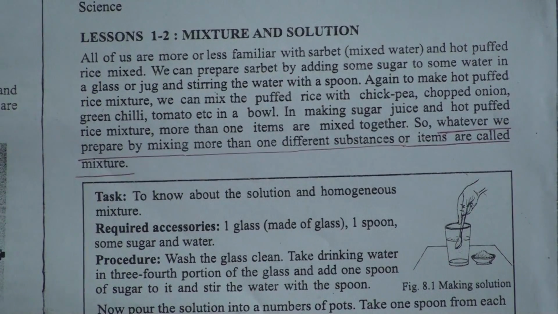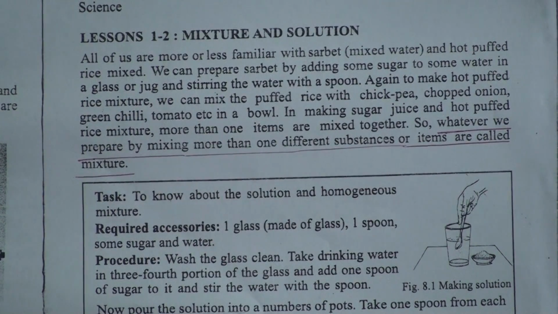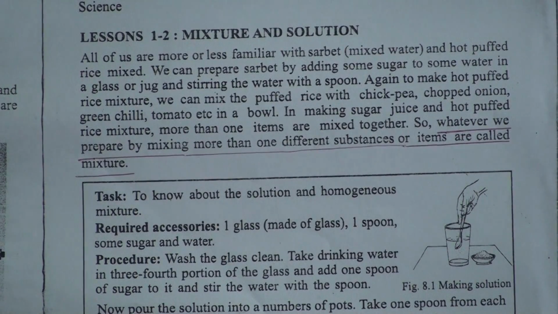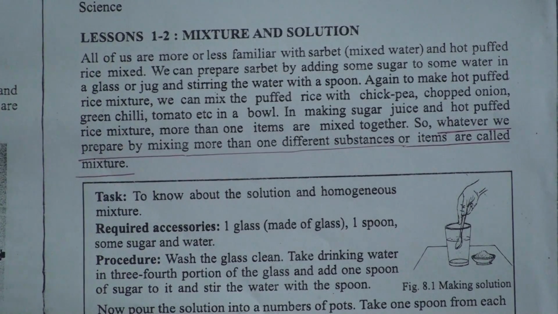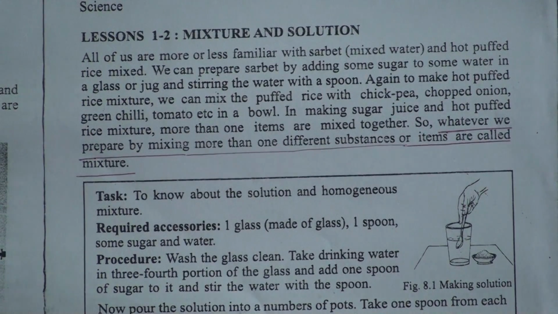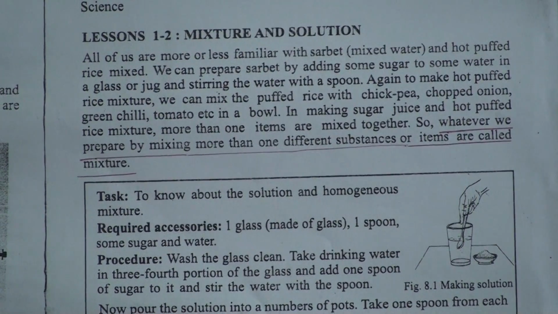Again, when we make jhalmuri, we take some puffed rice, chopped onion, some chickpeas, some chili, then we mix it together, and we also make a mixture. And when we make a juice, it is also one kind of mixture.